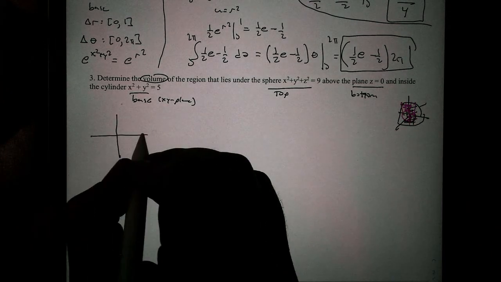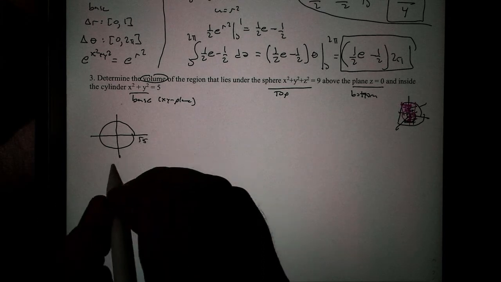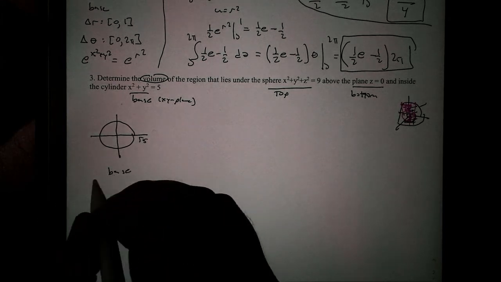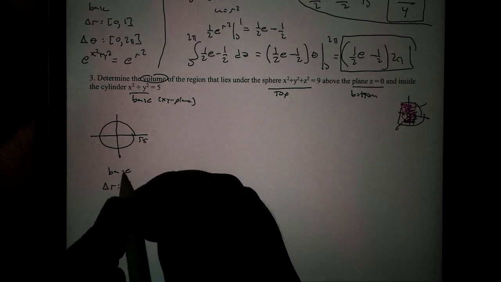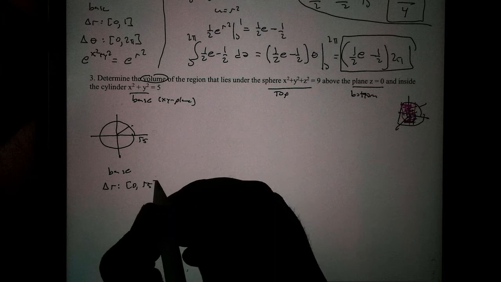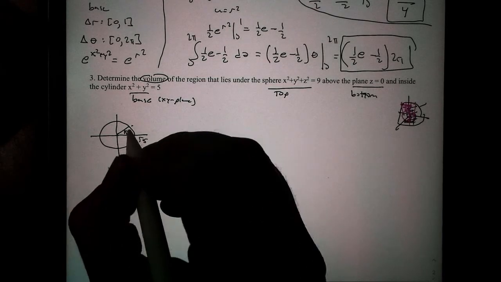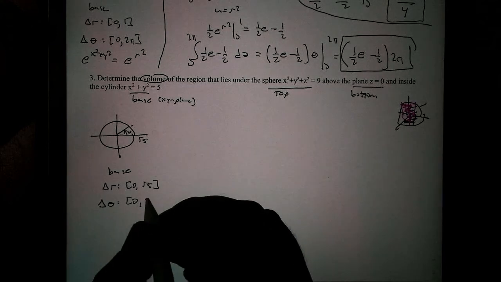If I draw this, it has a radius of the square root of 5. So for my base, my change in radius is going to go from 0 to the square root of 5. My change in theta is going to go from 0 all the way around to 2 pi.